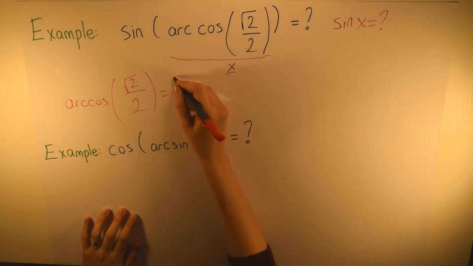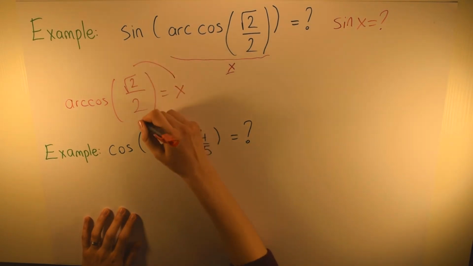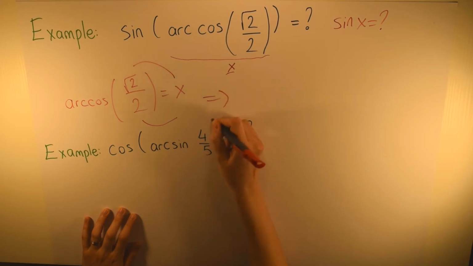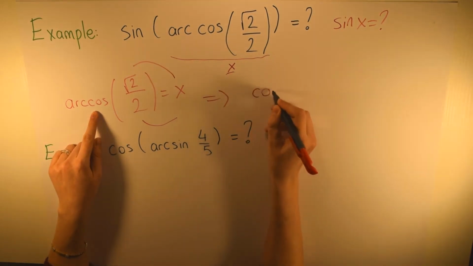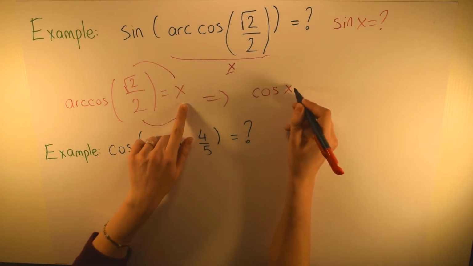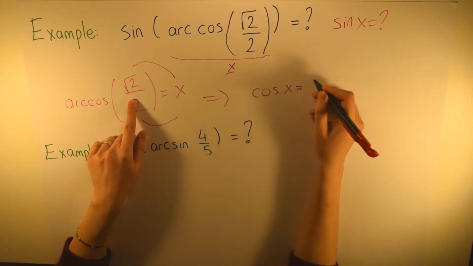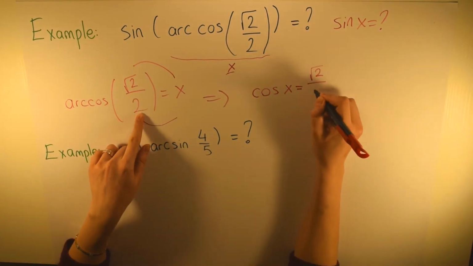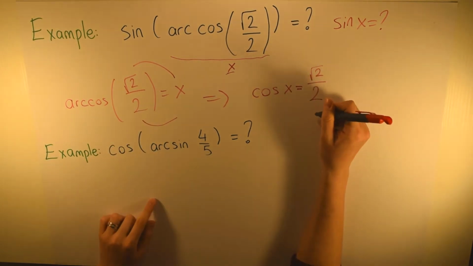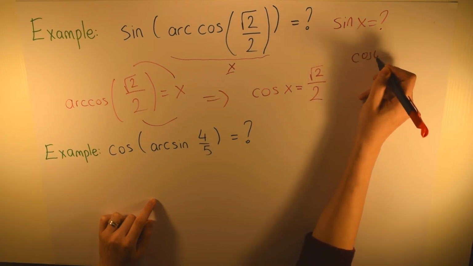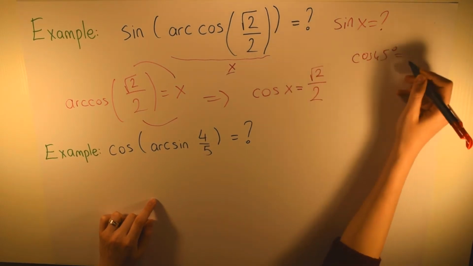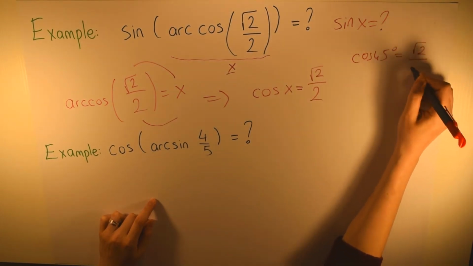If we change the locations, this arc cos becomes cosine x, which is equal to square root of 2 over 2, right? We know that cosine 45 degrees is equal to square root of 2 over 2.